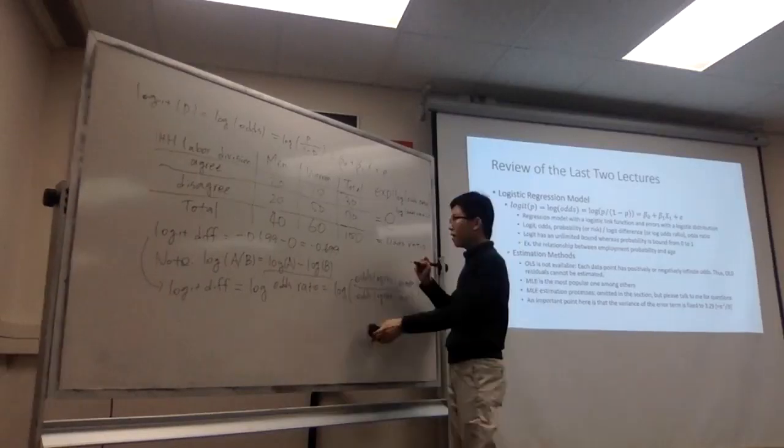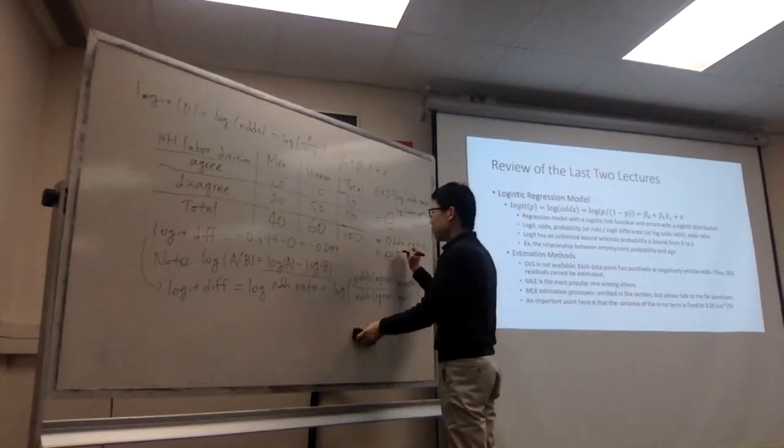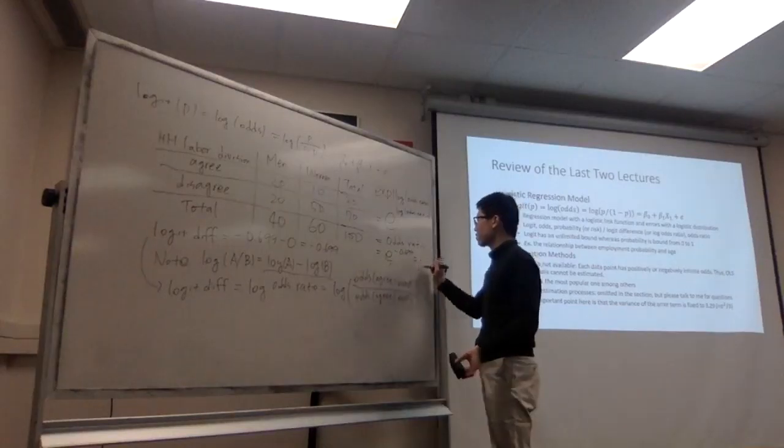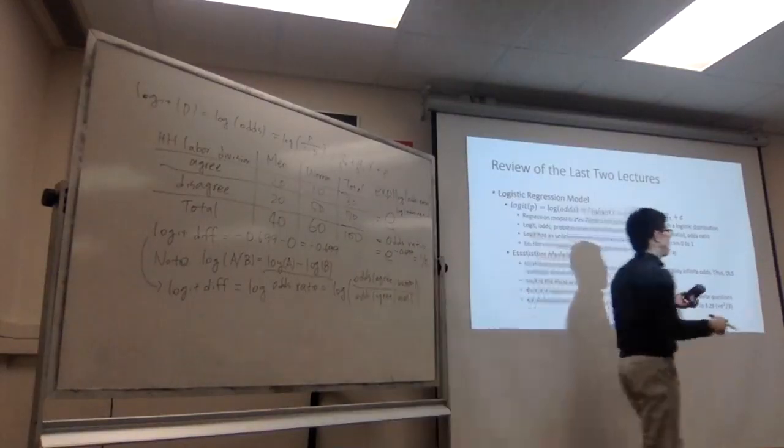So that's why the odds ratio is e to the negative 0.699, which is 1 in 5.